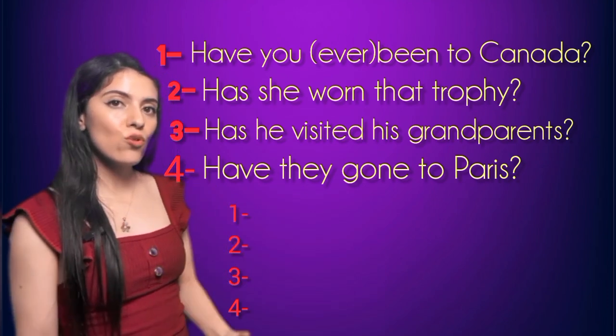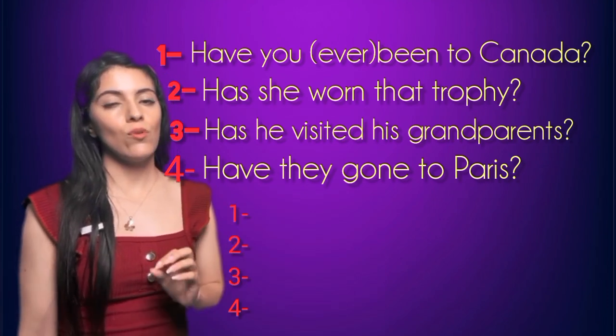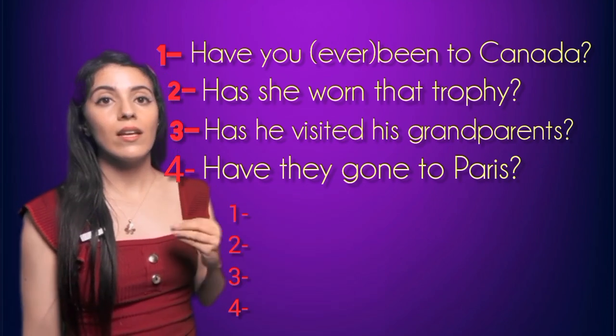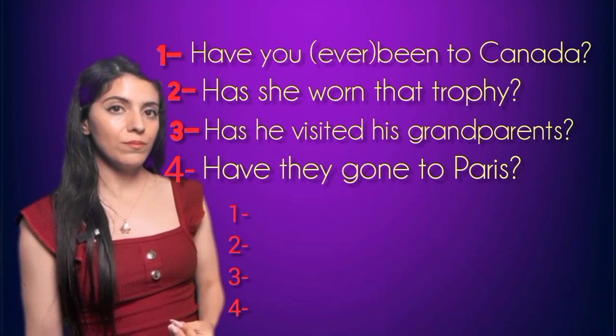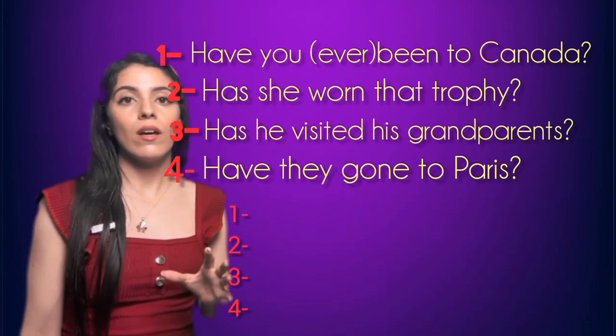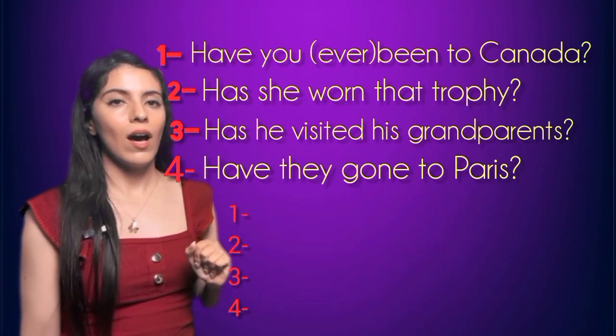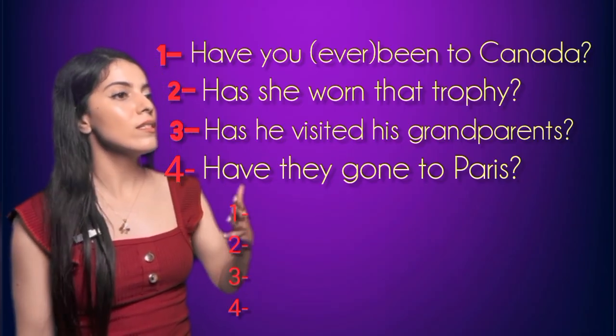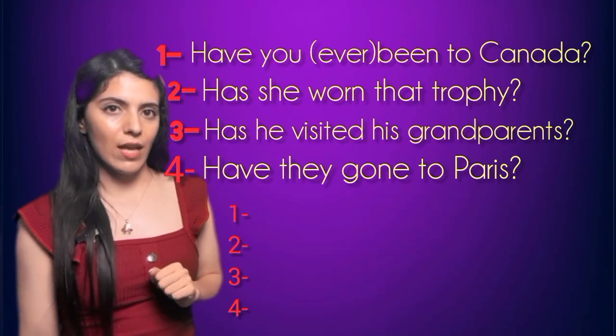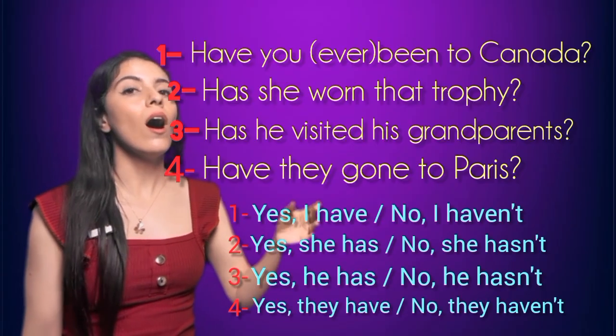To answer in short, you just have to say or write yes or no. For the yes answers, you have to say yes, I have, for example, or no, I haven't.